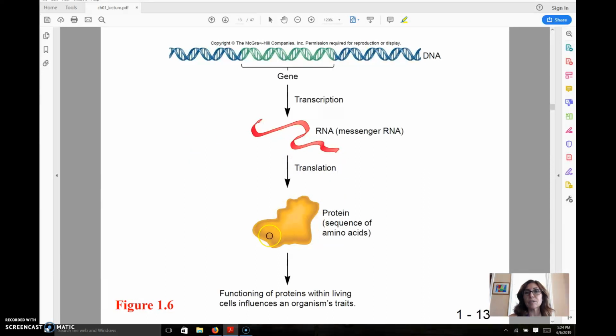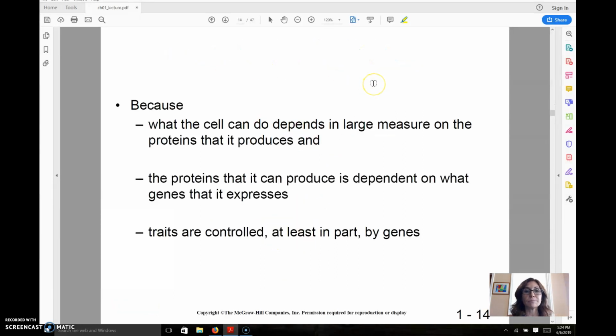Now, I know this looks like a big glob of butter, but assume that this large glob here is a long string of amino acids that coils around to make a big shape. We'll get to that again later. So the function of the protein has everything to do with its shape, and its shape is determined by the original gene sequence.